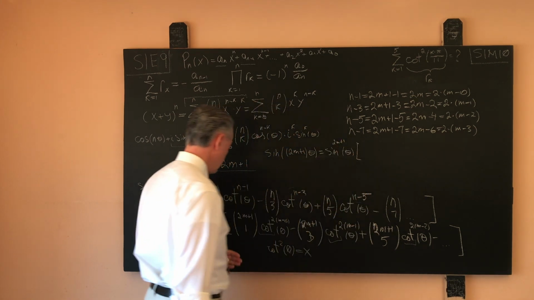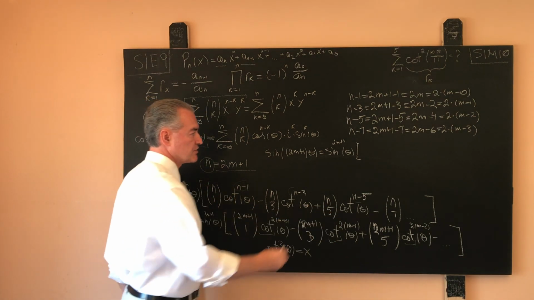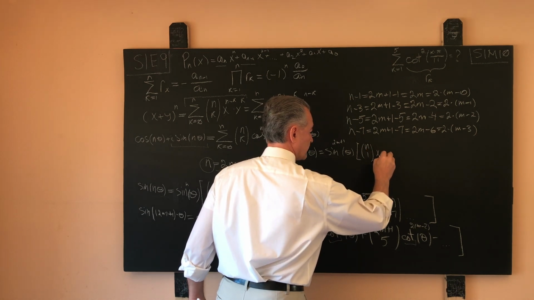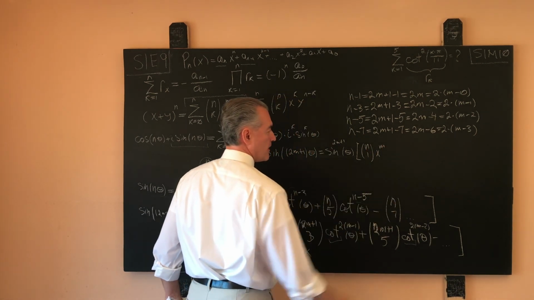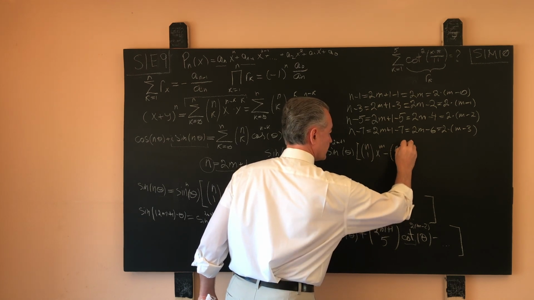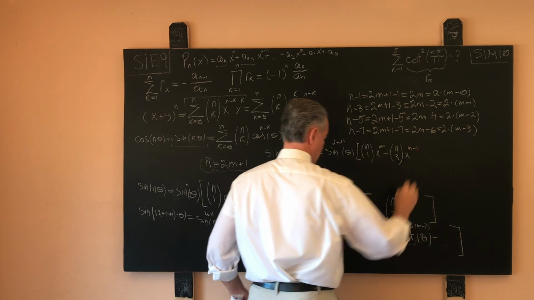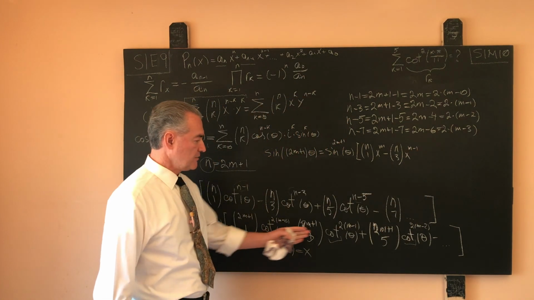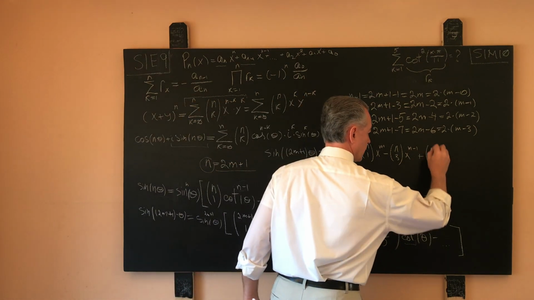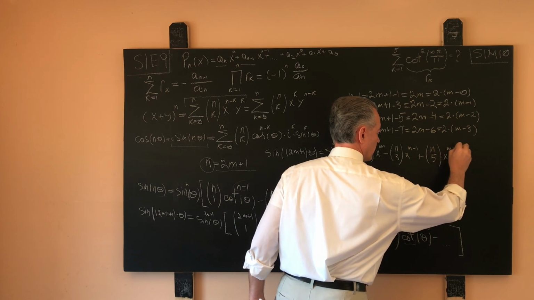And here we will have our binomial coefficients spelled as follows: n choose 1 x to the power of m minus n choose 3 x to the power of m minus 1 plus n choose 5 times x to the power m minus 2.